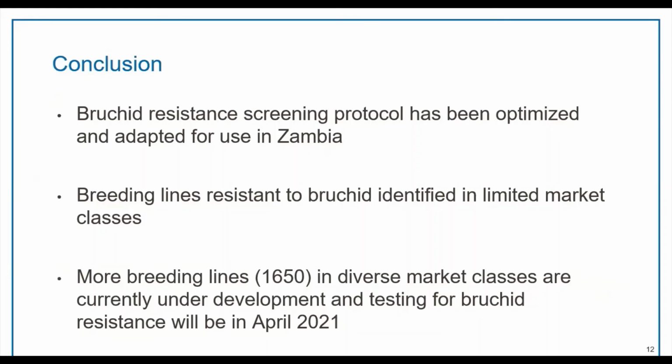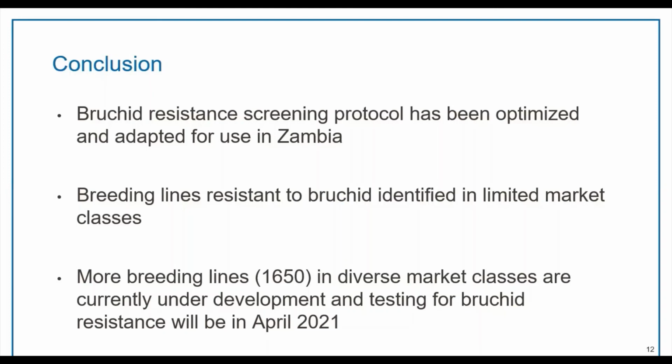So in conclusion, what we've been able to achieve so far, we've been able to develop breeding lines, and we've also been able to test the screening protocol, optimize it for Zambian conditions, and adapt it for use here in Zambia. It's working well, and now the pipeline is somewhat set up in terms of our screening process.